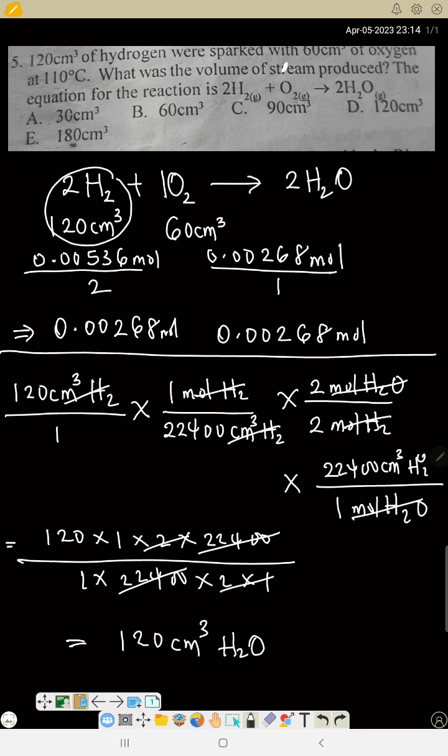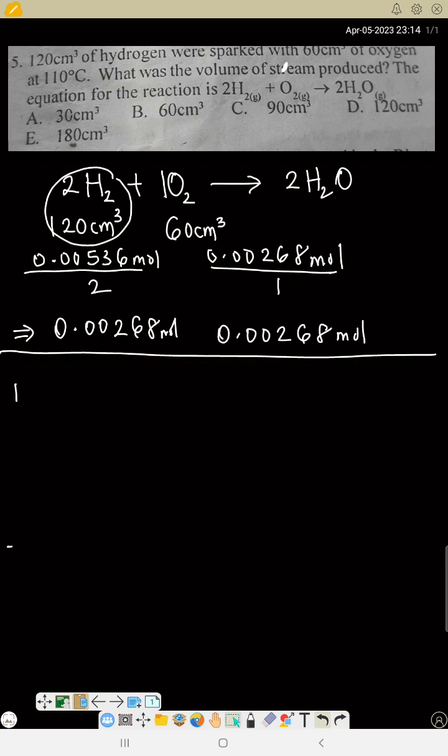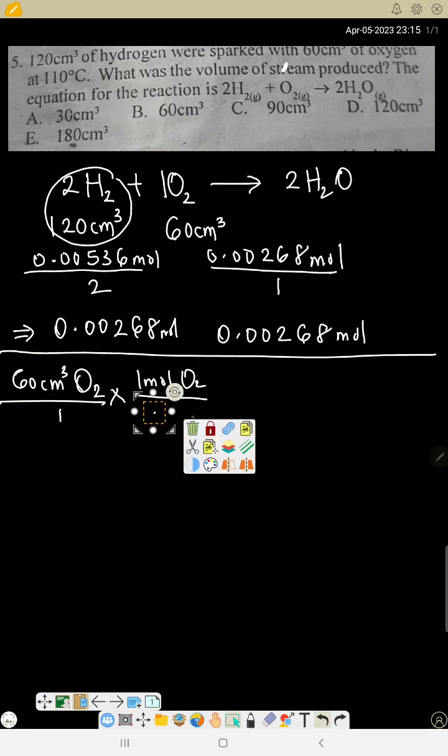So let's use the 60 for oxygen. 60 centimeter cube of oxygen gas over 1 times 1 mole of oxygen gas will give us 22400 centimeter cube of oxygen gas.